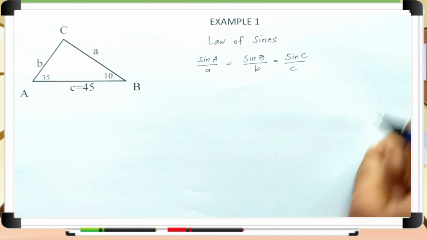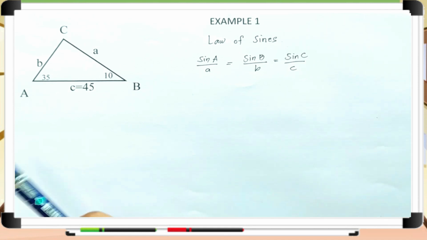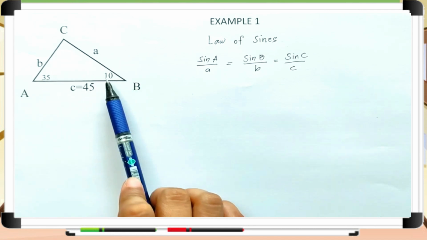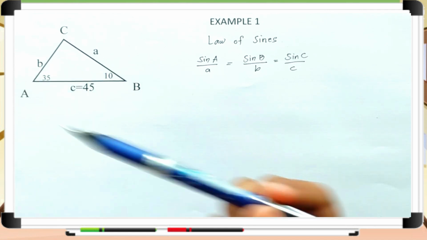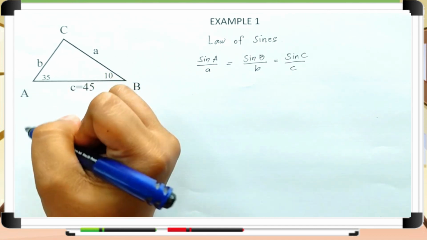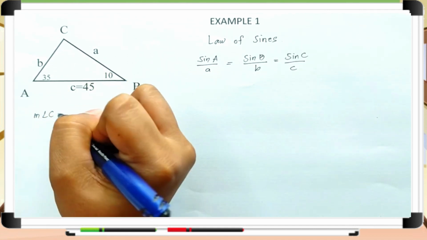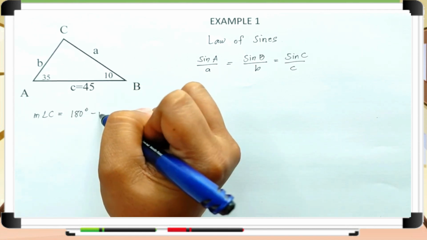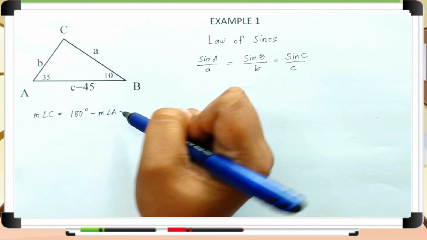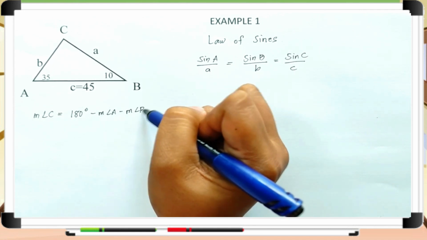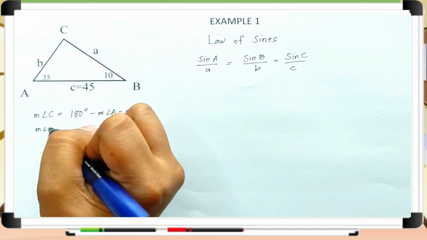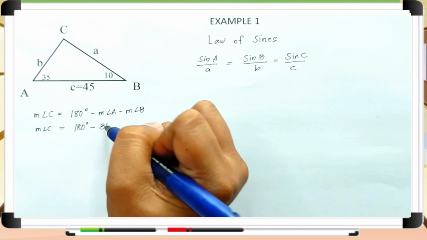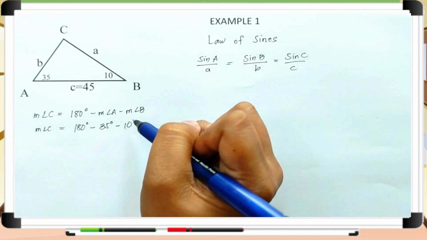In our figure, triangle ABC, we have the value of angle A 35 degrees, angle B 10 degrees. Looking for angle C, the measure of angle C is equal to 180 degrees minus the measure of angle A minus the measure of angle B. Substitute the values of A and B, 35 degrees and 10 degrees.